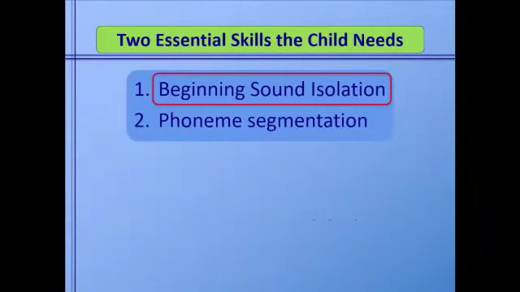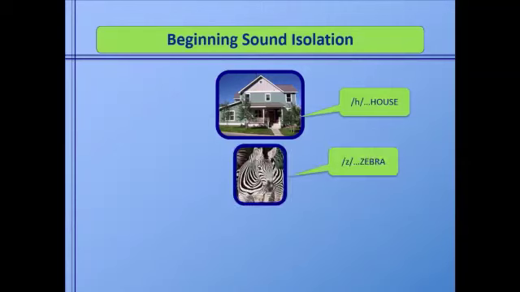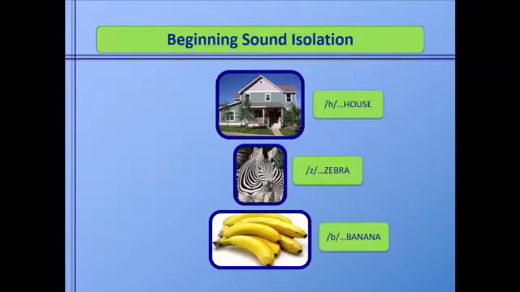One of the phonemic awareness skills that we talked a lot about last week was beginning sound isolation. We really need children to be able to look at house and say h, to look at zebra and say z, to look at a banana and say b, to touch the table and say t. Why?